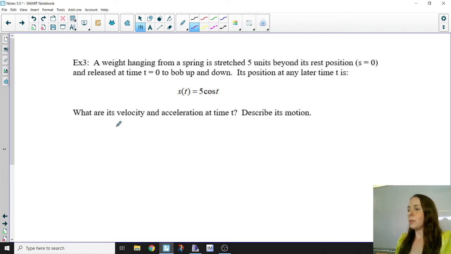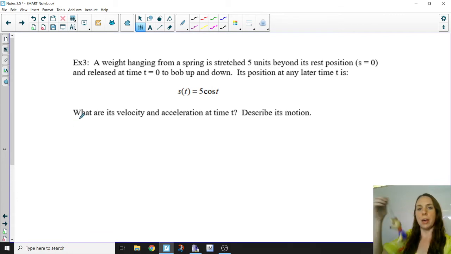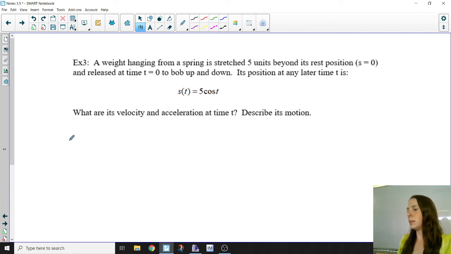All right, so I like to start this problem by drawing a little visual of what's going on. So we have something like a mouse, or we could just use a block to show we have a weight on a spring. There we go, and here's our weight on our spring. And we have a few positions that are important here.